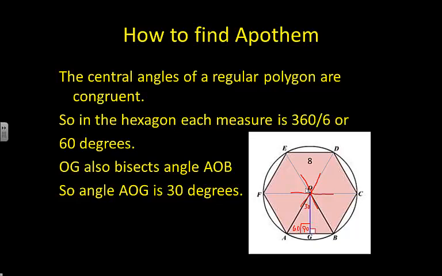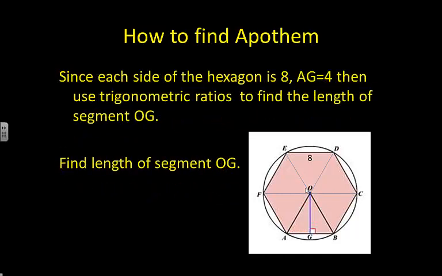So when you have these problems, you can see that these are going to give you 30-60-90 degree triangles, and we're going to be able to use the ratios to find answers. So if we look at this one, since each side of the hexagon is 8, that means AG equals 4. So 4 is right here. Then use trigonometry ratios to find the length of segment OG.